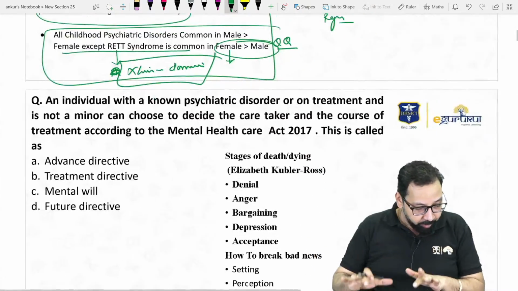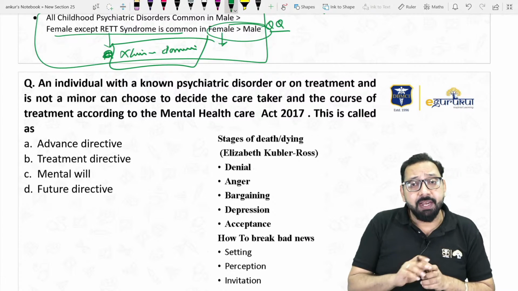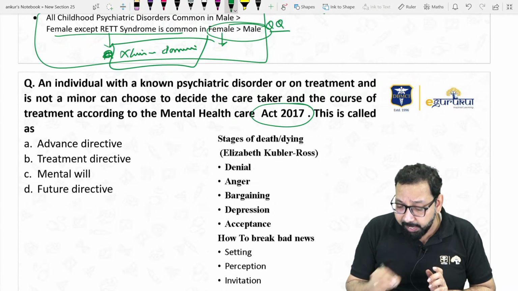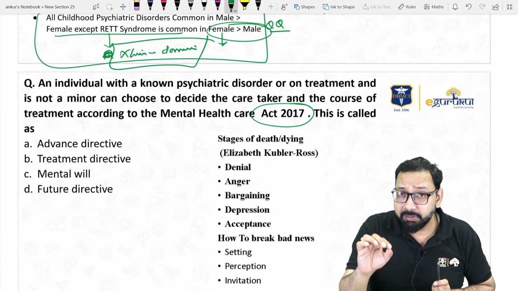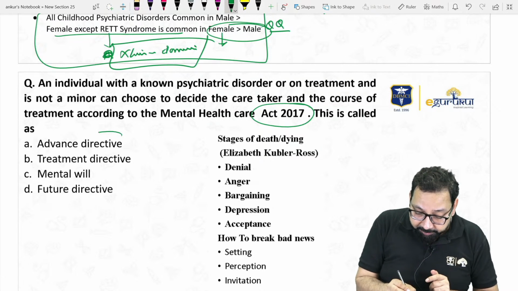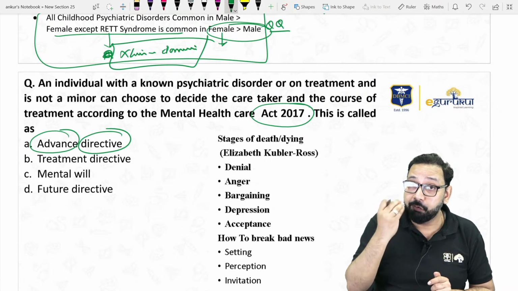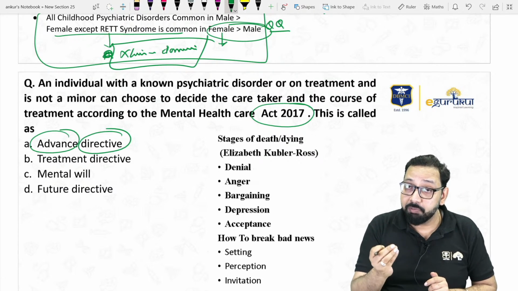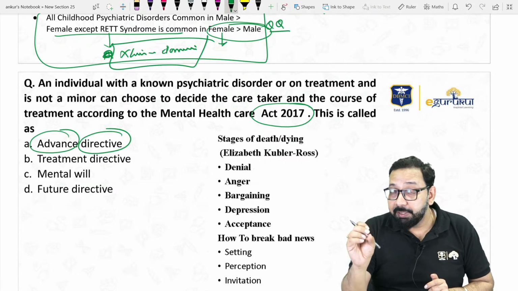Now, advance directive. What is advance directive? Mental Health Care Act 2017. According to this Act, we can direct in advance. I can make a will that in future, if I am suffering from psychiatric illness, I should be treated in this way.